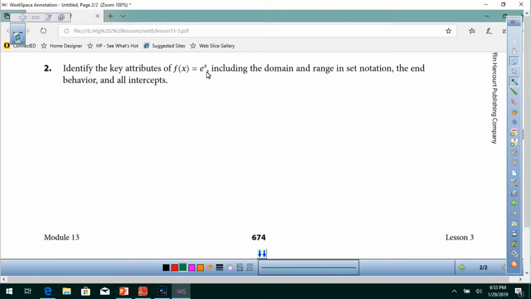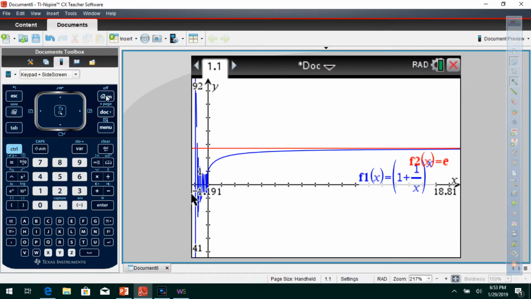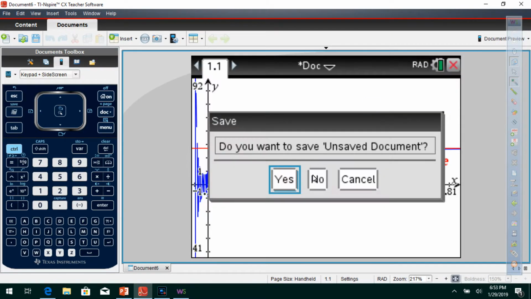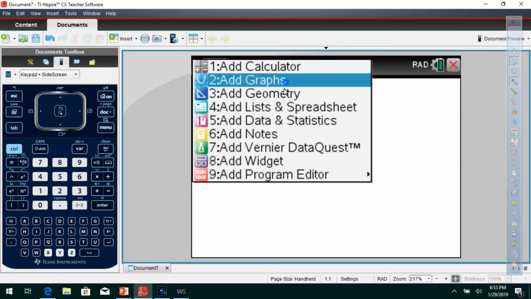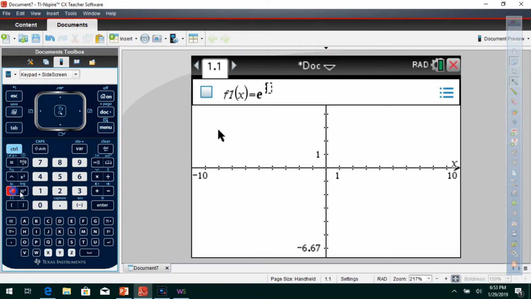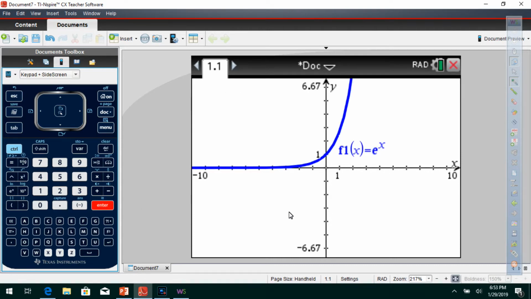Number two, identify the key attributes of f of x equals e to the x, including the domain and range in set notation, the end behavior, and all intercepts. Okay, well, let's graph it. On new document, graphs, and then e to the x power. And look here.